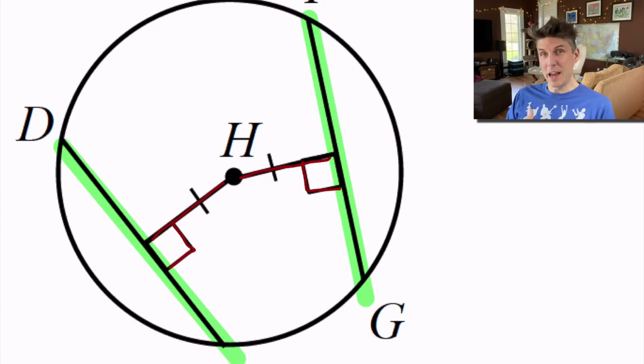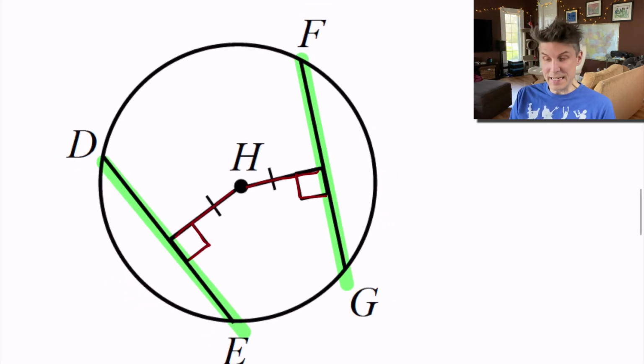Because that guarantees you're taking the shortest path between the center and your line or segment, in this case the chord. Since we know for a fact those are distances from the center to the chords, we can now assume that DE and FG are congruent.